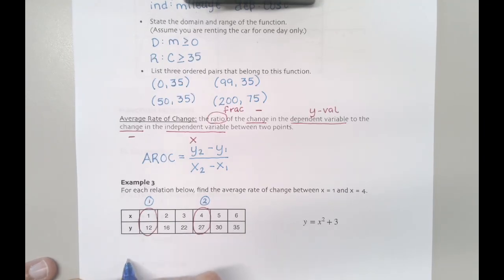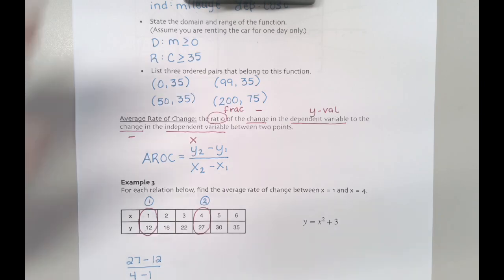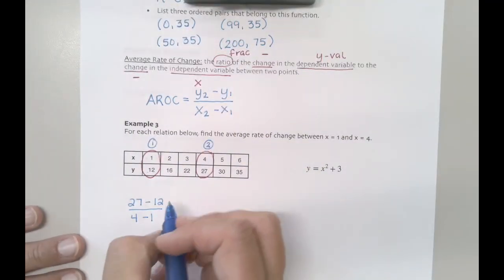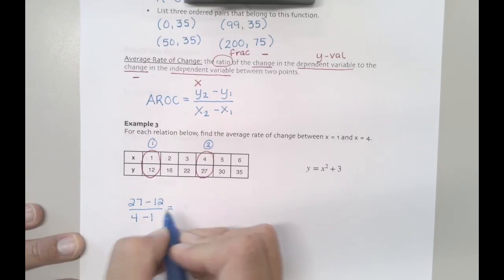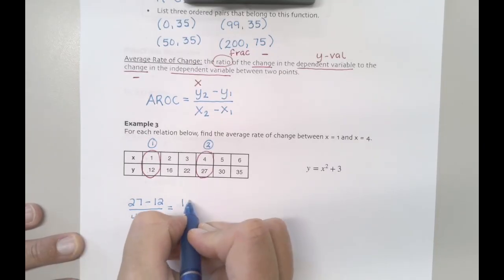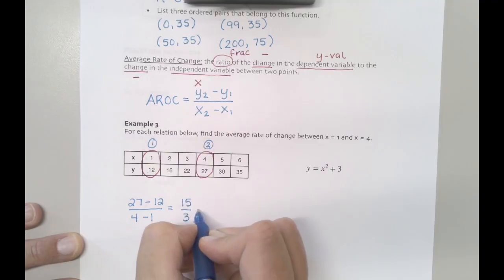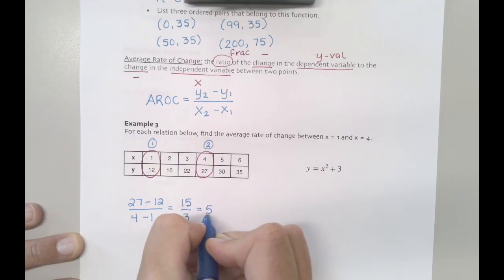So I'm going to say 27 minus 12 over 4 minus 1: y2 minus y1, x2 minus x1. Sorry, I didn't realize how low that was on the screen. All right, 27 minus 12 is 15. 4 minus 1 is 3. And then 15 over 3 is just 5.